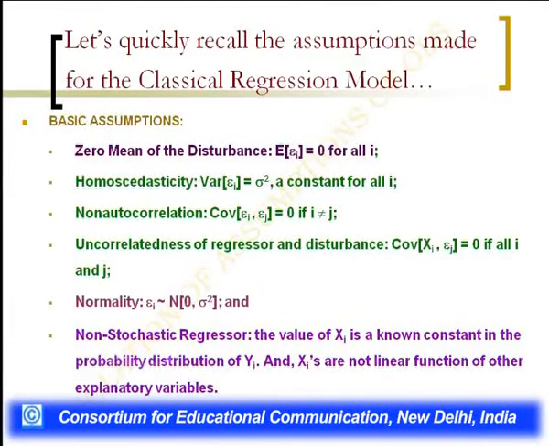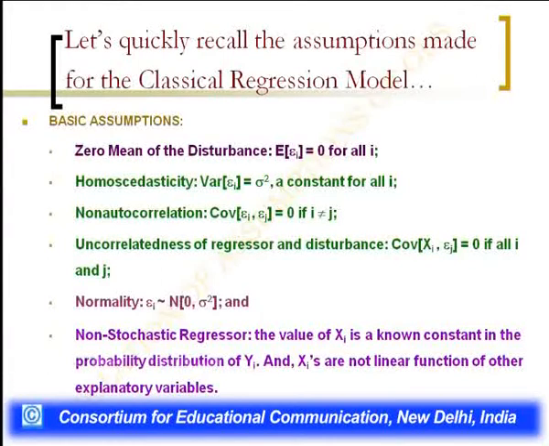Let's quickly recall the assumptions of the classical regression model and then refute them. The basic assumption was the zero mean of the disturbances, that is, E(εi) is zero for all i. Homoscedasticity, that is, the variance of the error terms is constant.